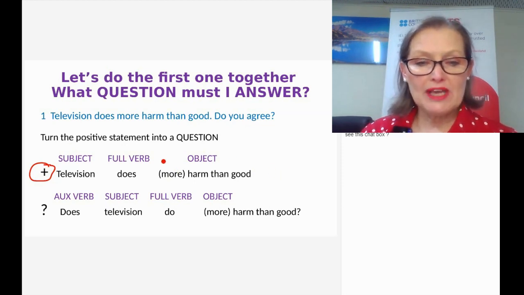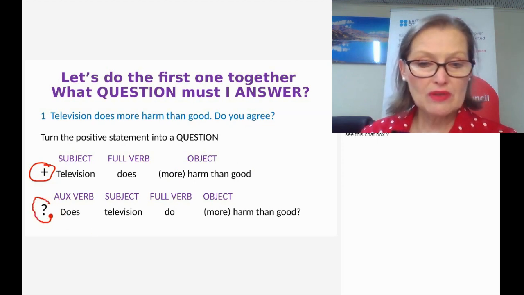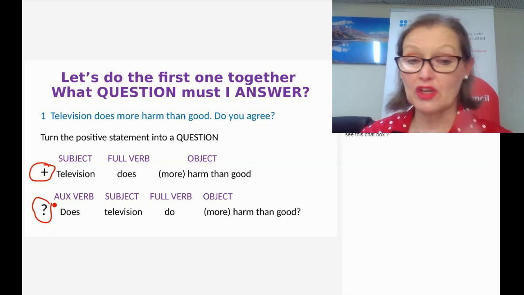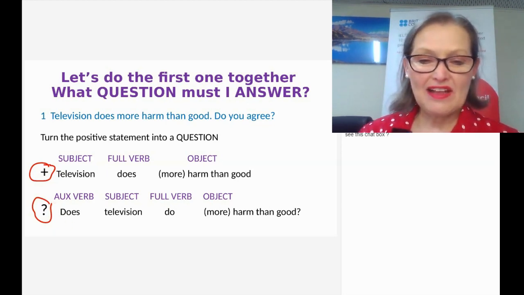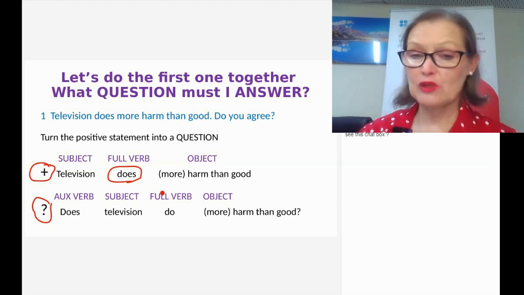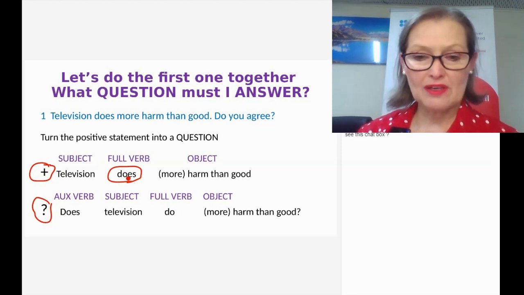Now, I want to be able to turn my positive statement into a question, into the correct question. Okay. Now, how do I do this? If I go straight to my verb in my positive statement, that gives me a clue as to my grammar structure for my question.